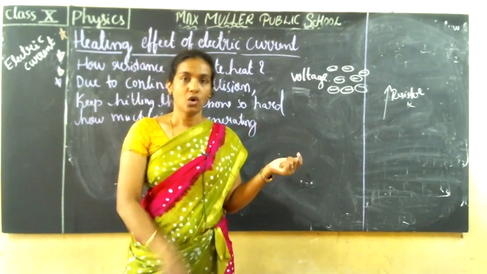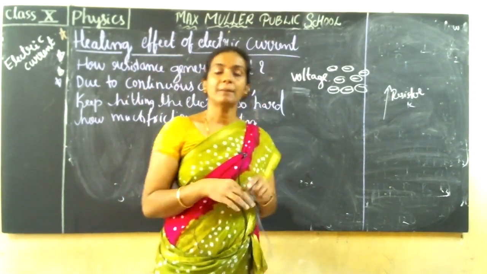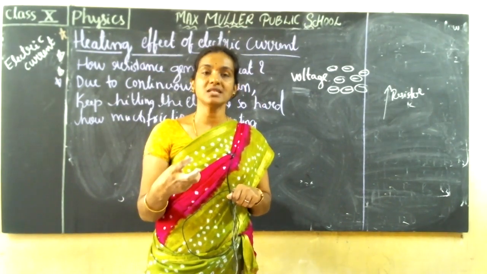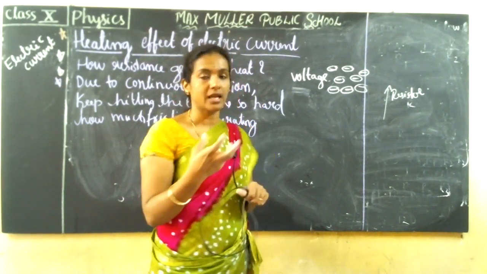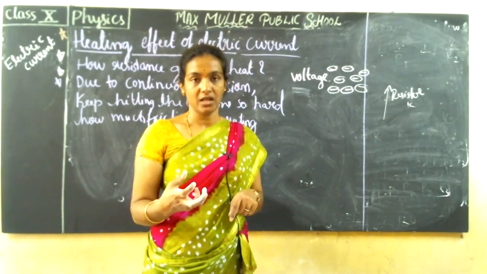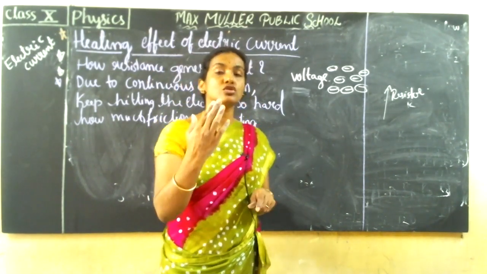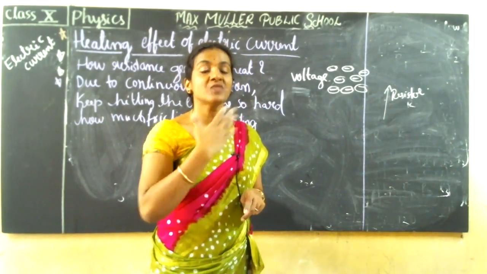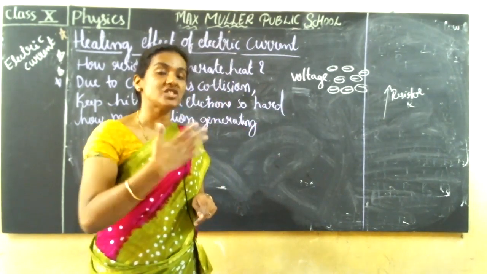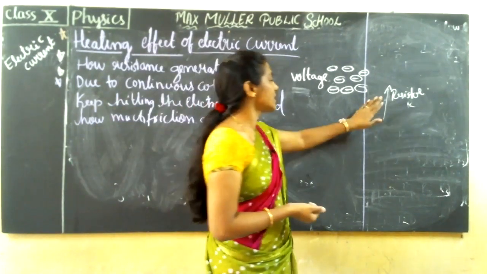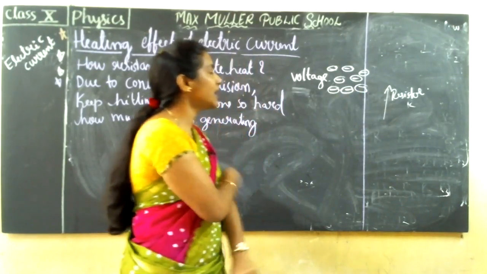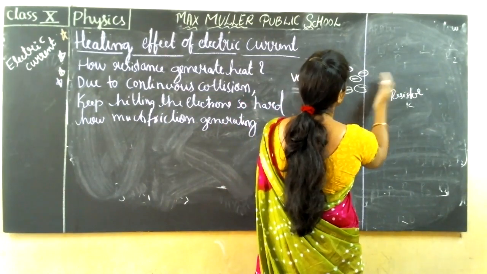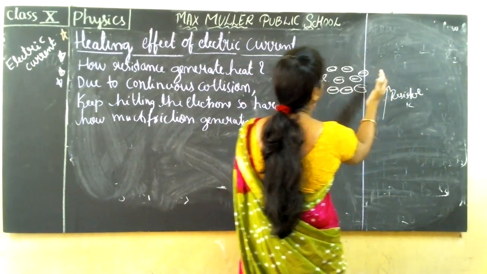This is because, what happens when the charges are moving towards the resistors in the circuit? The resistors will start to stop the charges. Once they start to stop the charges, the millions of electrons are going to attack each other.